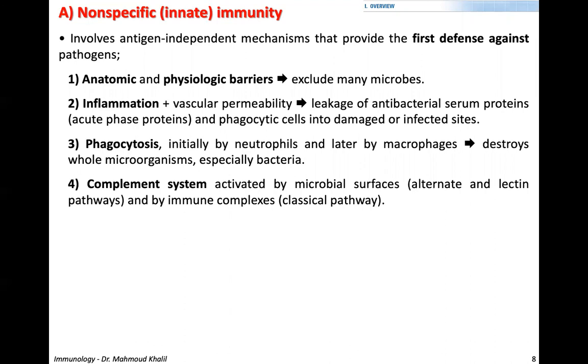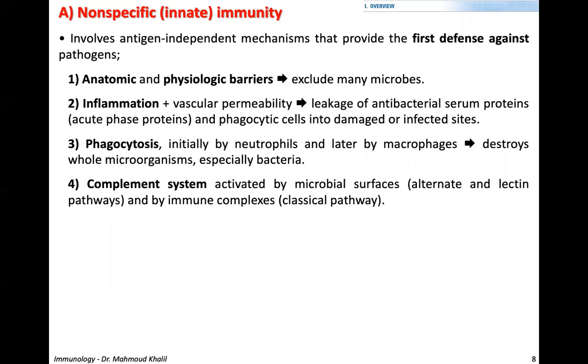And the complement system. What is the complement system? Actually, the complement system is a group of proteins that circulate and are activated in your body by the microbial surface. So it's kind of your body scanning any foreign invader that comes inside your body.